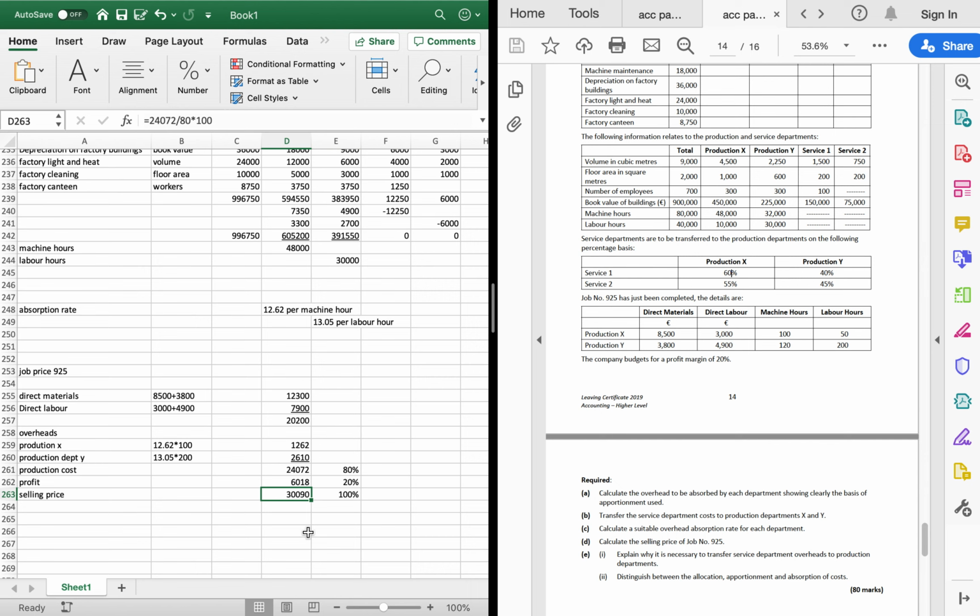There you go. So that gives you your selling price of 30,090. That's all you have to do. So that's it done.